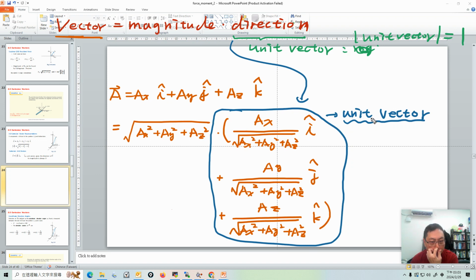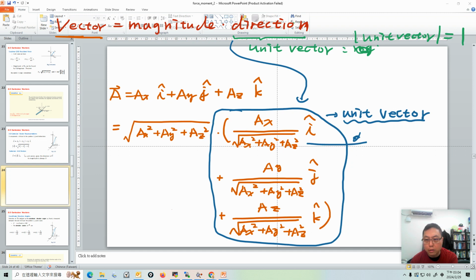So this is the way to calculate a unit vector. And sometimes you will hear another name for these three terms.